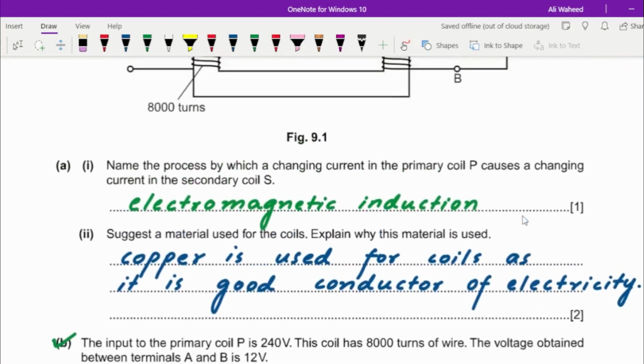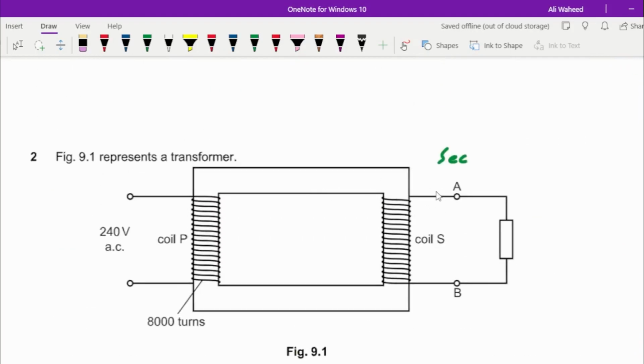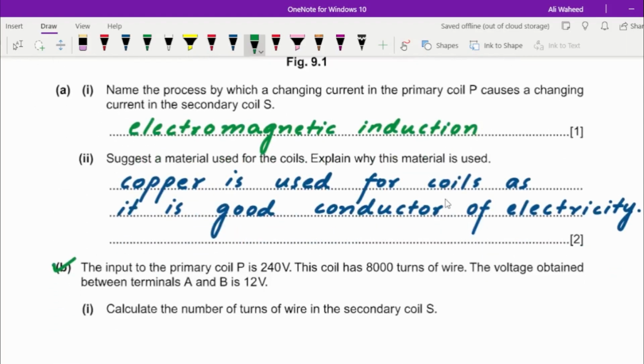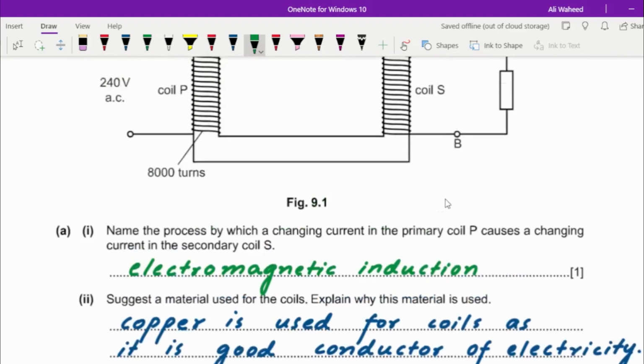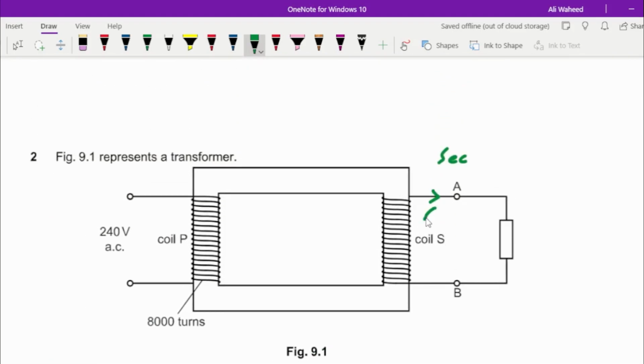So the total current drawn by these 4 lamps would be 1.5 plus 1.5 plus 1.5 plus 1.5, so 4 times 1.5, which would be 6.0 amperes, the secondary current. So the secondary current is 6 amperes.